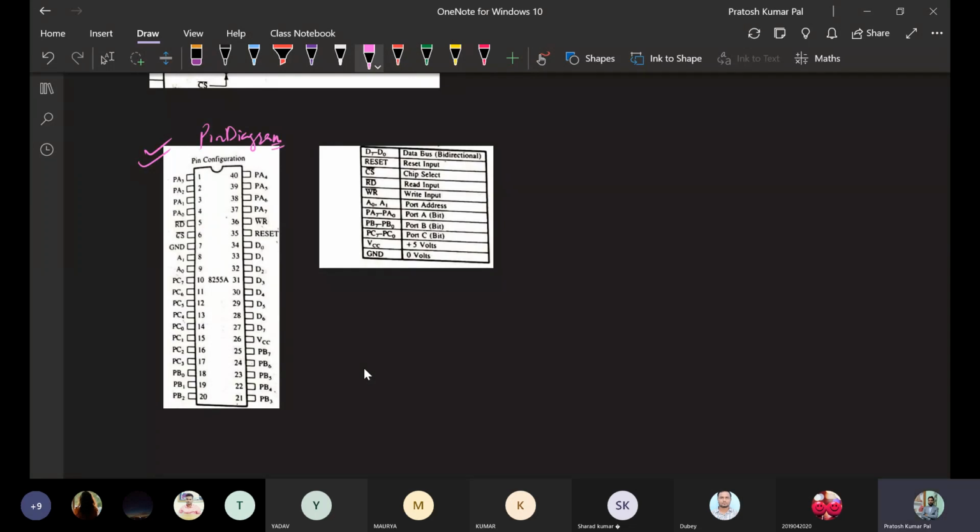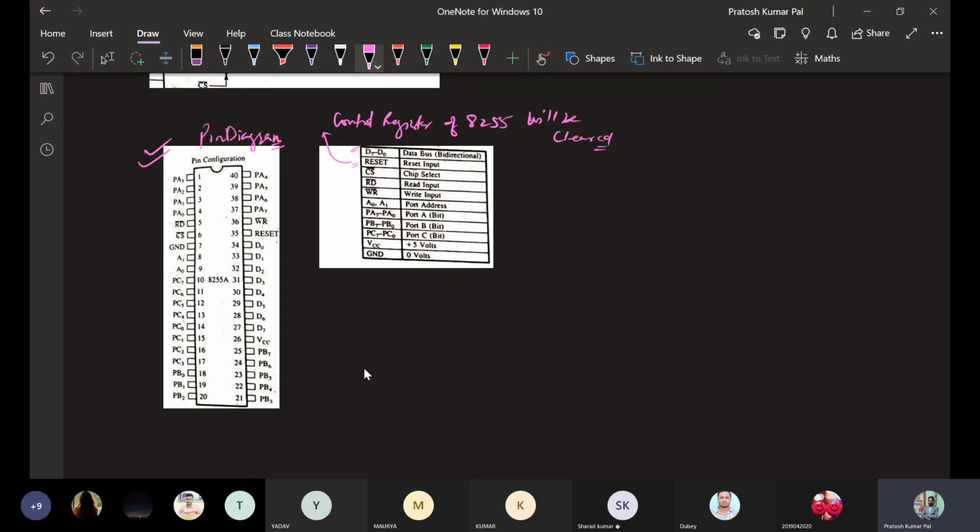and its pins can be described here. There will be a data bus D0 to D7. And reset means once the reset is coming, the control register of 8255 will be cleared. If the reset pin is activated, then only this control register will be reset.